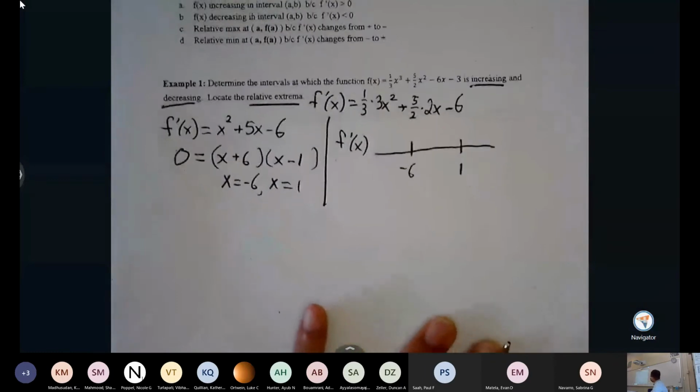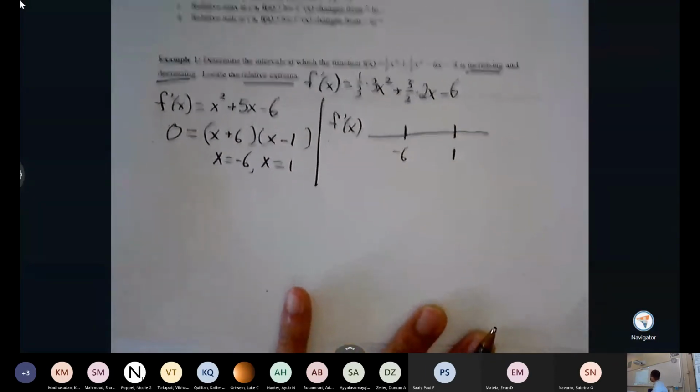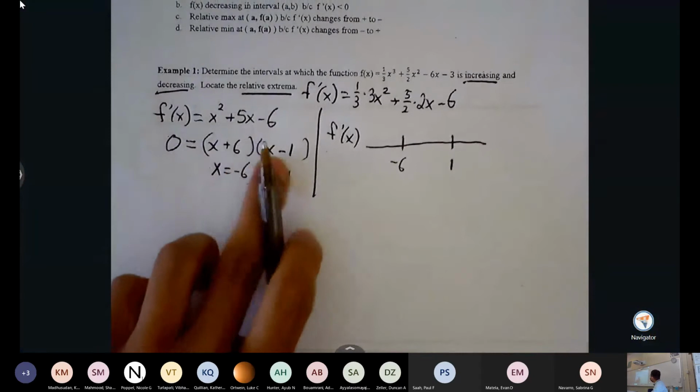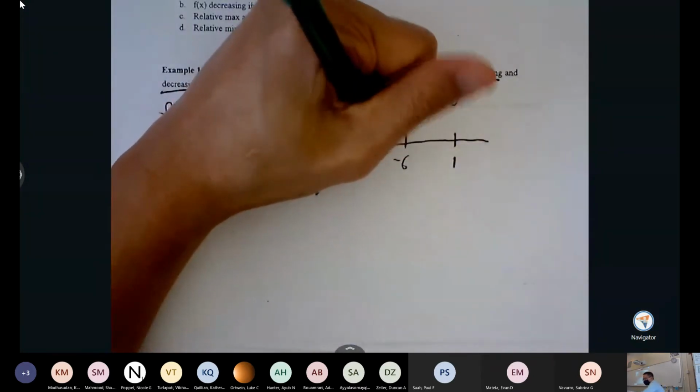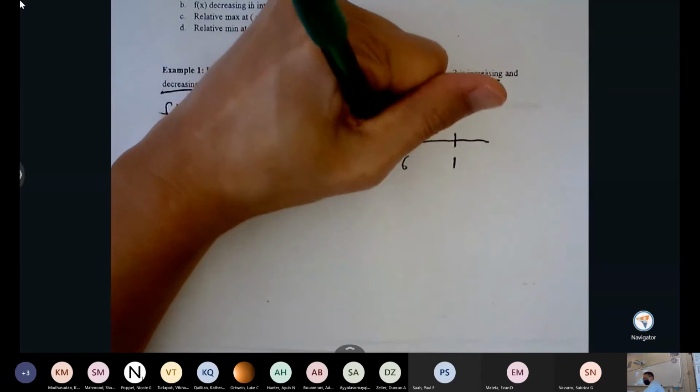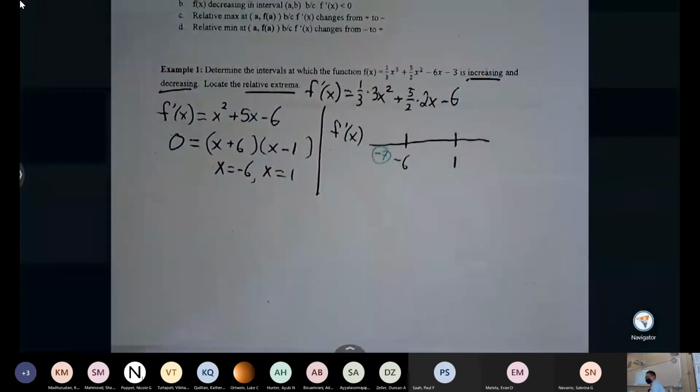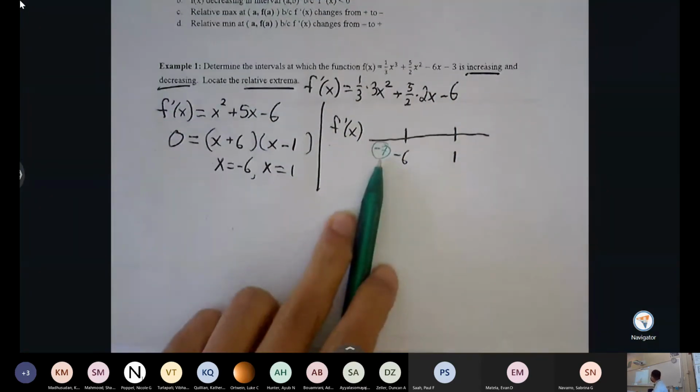And just like with your velocity sign line, you're going to choose values in each interval, plug into the derivative, and use factored form to get quick information about your slope value. I like to choose values that are as small as possible within each interval. So I'll choose -7 here.